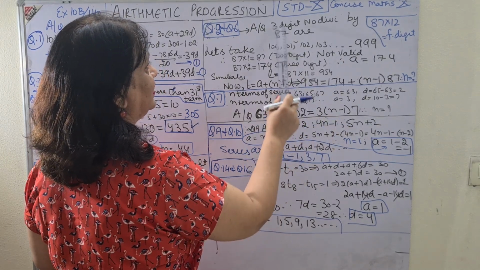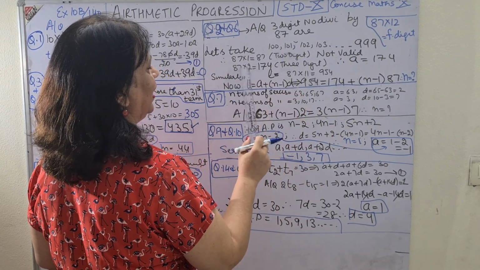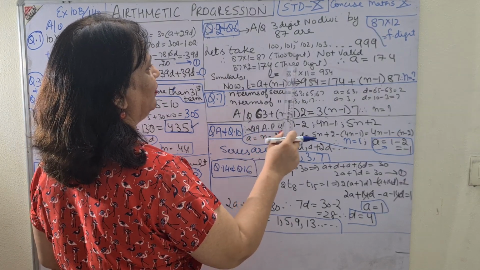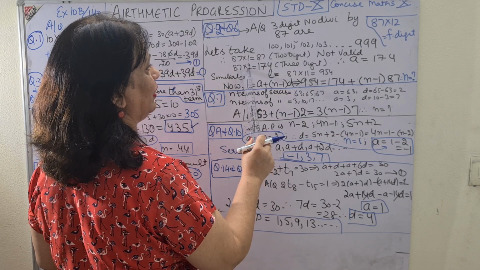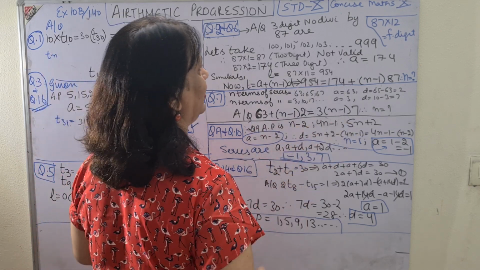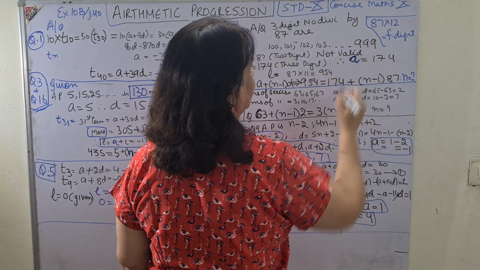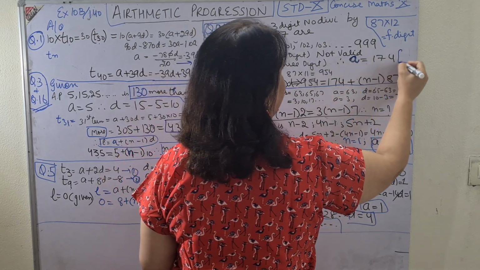I have to take 3 digits, so I will multiply 87 by 2 now. See, I got the first number 174, which is a 3-digit number, and it is divisible by 87. So A will be 174 first. A is equal to 174, and you know A is T1.